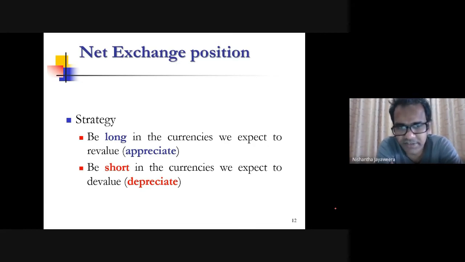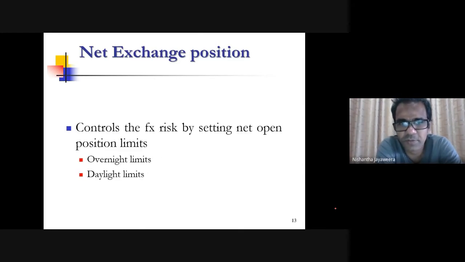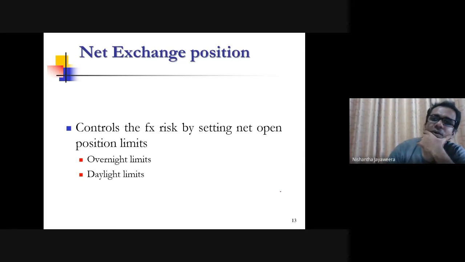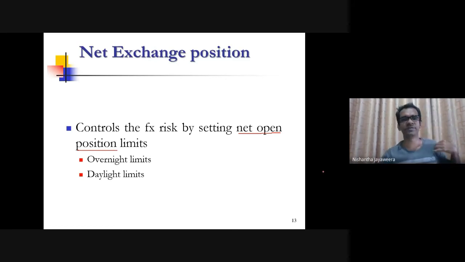To mitigate that risk, we put controls on the net open position. You cannot have an open position beyond that limit because the risk is too much. If your view is incorrect, it will generate a huge loss.